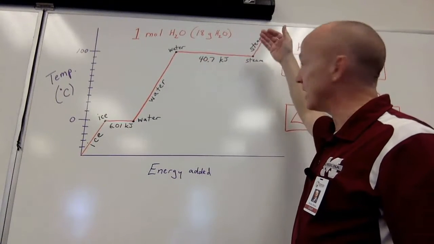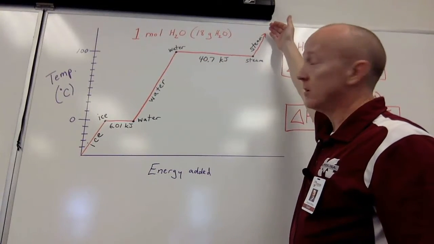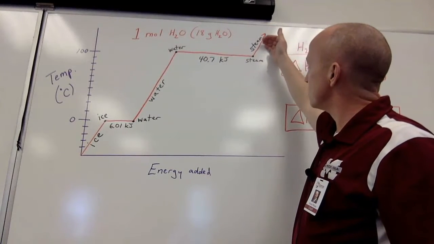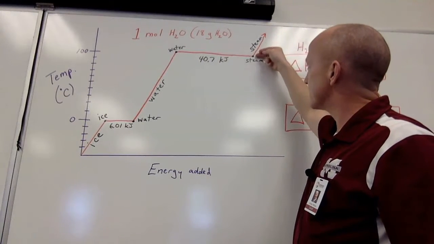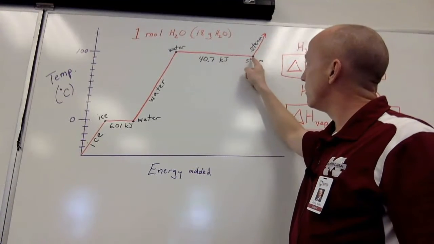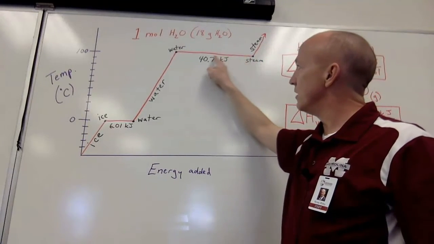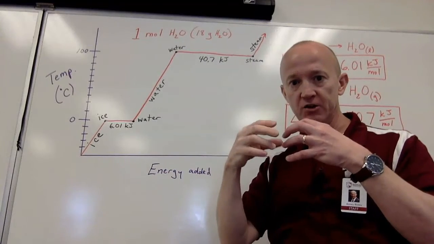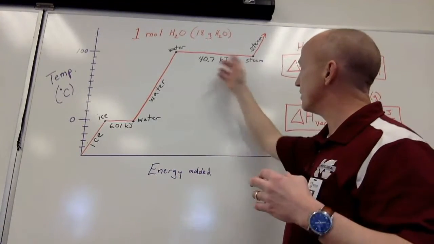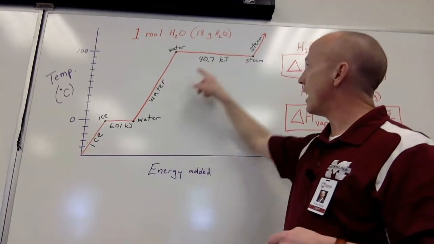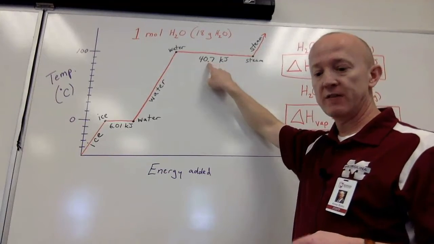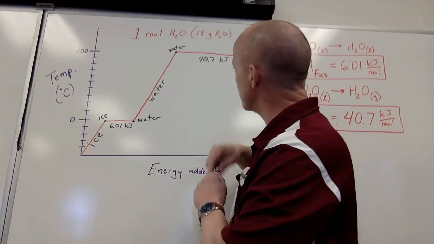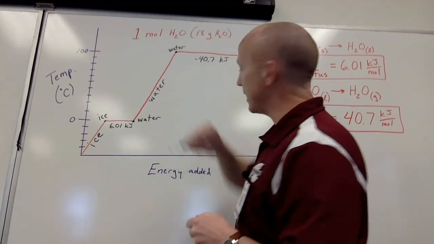So let's say I had 18 grams of steam and I allow it to cool, and it's losing energy to the surroundings. As it gets to this point right here, now it has to lose enough energy to allow those intermolecular forces to re-engage and to pull this into liquid water. How much? 40.7. So when we lose the energy, we of course would add a negative sign.